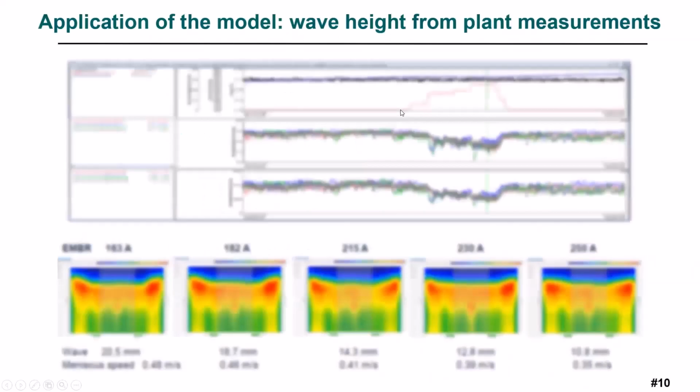Okay, but let's come to the motivation of the current study. It's blurred because this is from industry, so I don't reveal the details. They have a sequence of electromagnetic braking power, and they measured the wave height and submeniscus velocity.